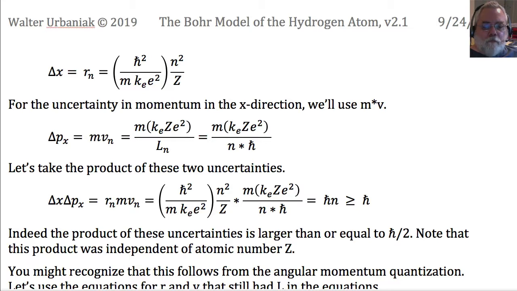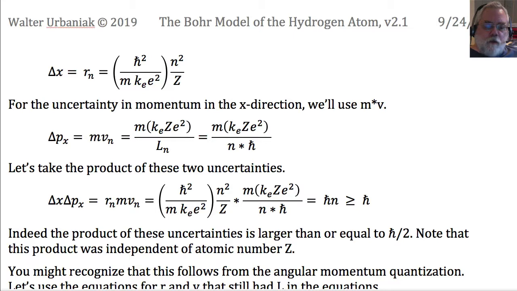So the product of these uncertainties is larger than or equal to h bar over 2. However, we only used approximate formulas for the uncertainties. To do this correctly, we would have to use quantum mechanics. It is true in quantum mechanics, but we're not going to do that work in this paper.